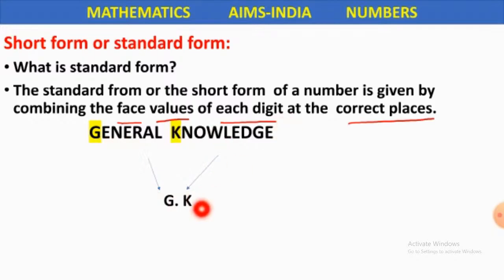We are writing it as a short word. So this is called as short form. And this can be understood as expanded form. The expanded form of GK will be general knowledge. Expanding means writing it in a bigger form. Short form or standard form means writing it in a smaller way.